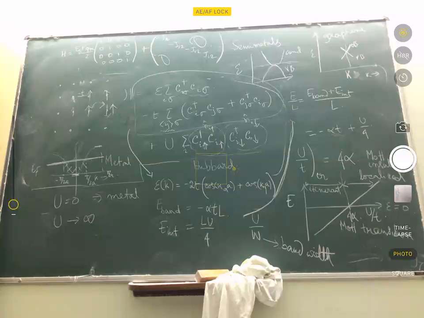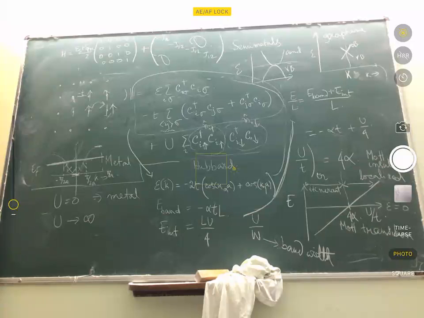Now, once you have a certain number of sites doubly occupied, but not all sites doubly occupied, these electrons can easily move around because it's not going to cost any additional energy, because whatever additional energy it would cost, you had to pay that anyway because the number of electrons is more than L. So for these electrons in excess of capital L, they can move around without any additional cost of energy. Rather, they can lower their kinetic energy by moving around.